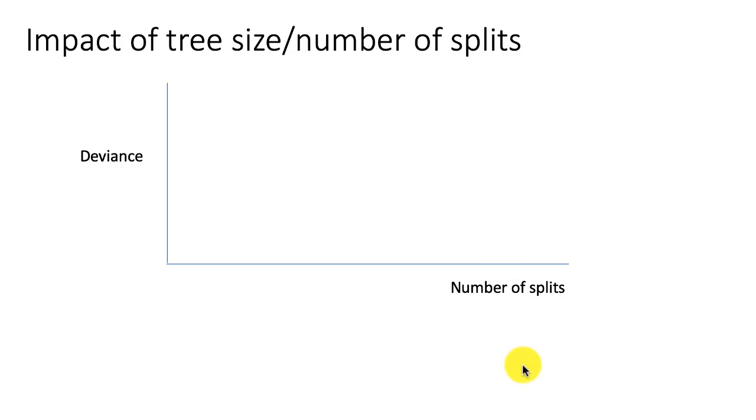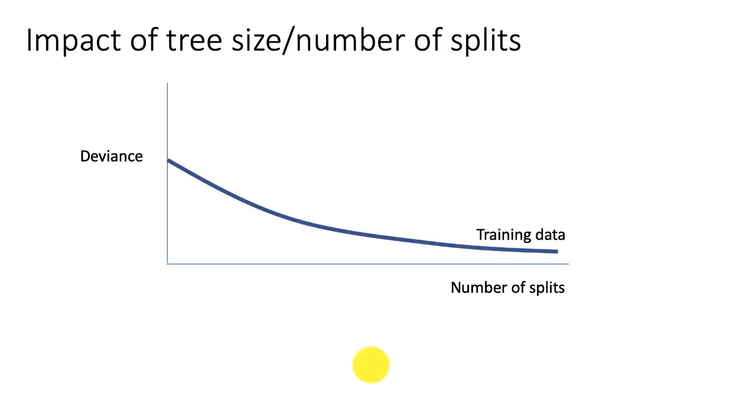Now to explain that diagrammatically, let's consider the number of splits, which represents the tree size. The more the number of splits, the more the number of leaf nodes. As the number of splits increases, your deviance on the training data will keep on reducing. That is natural.